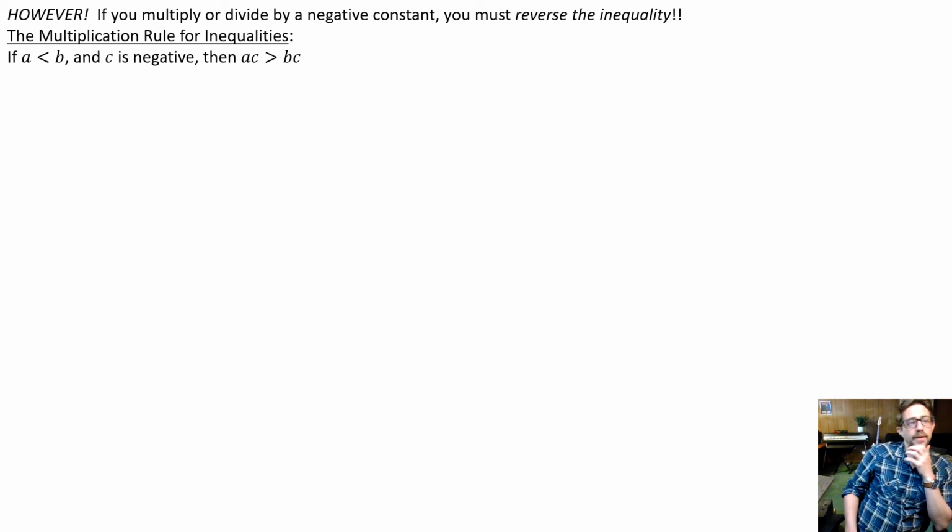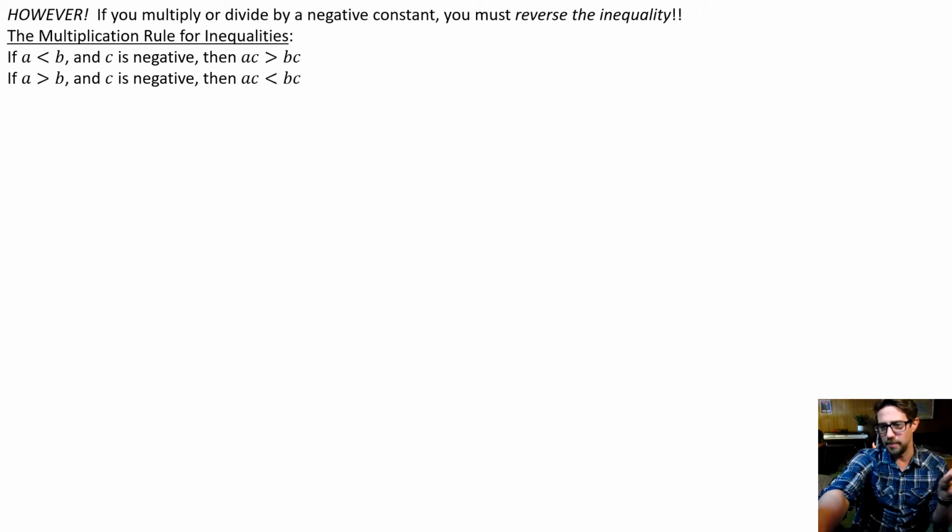So if A is less than B, or whatever, and C is negative, then if you multiply both sides of that inequality by C, you see what I mean? It flips around. You have to reverse the inequality. It just goes the other way. So you have to know that. That will never go away. So that's what I mean. This is the one thing that's different in the actual algebra of solving an inequality versus solving a linear equation.